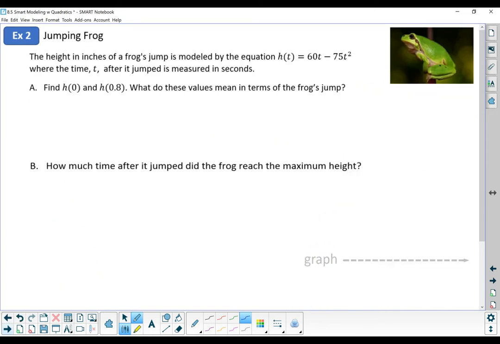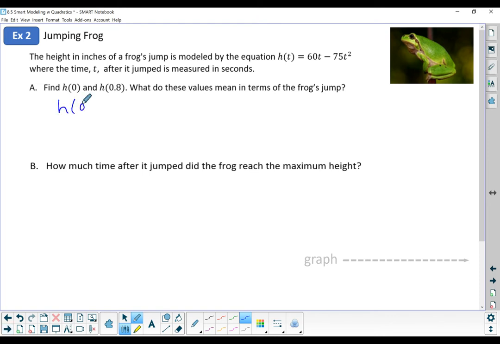Okay, the next example, we've got the height in inches of a frog's jump is modeled by the quadratic equation h of t equals 60t minus 75t squared, where the time t, which is the time after it jumped, is measured in seconds. So find h of 0 and find h of 0.8.